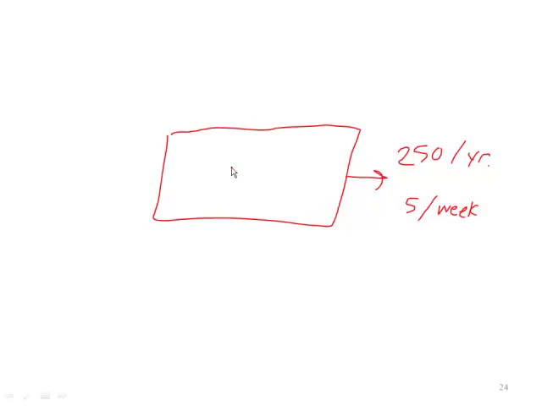And the inventory is 27.9. So flow rate is equal to 250 a year, or 5 million per week. Inventory is 27.9. So what is the time $1 spends in accounts receivable?